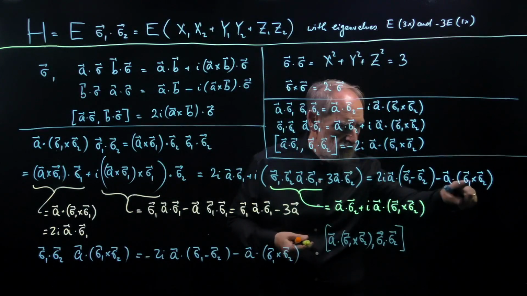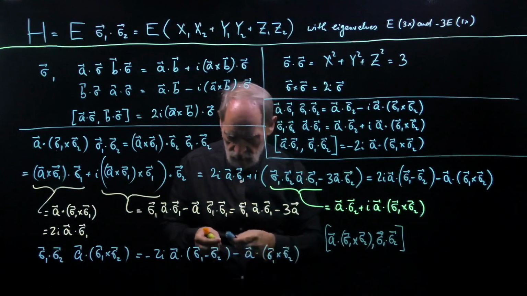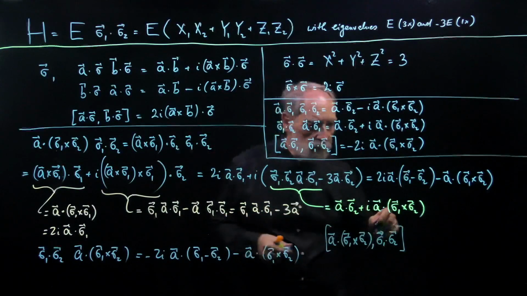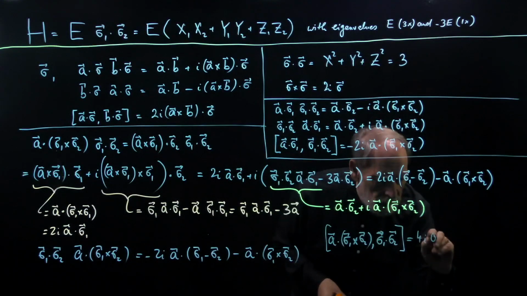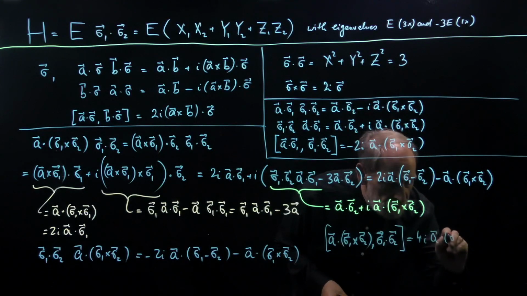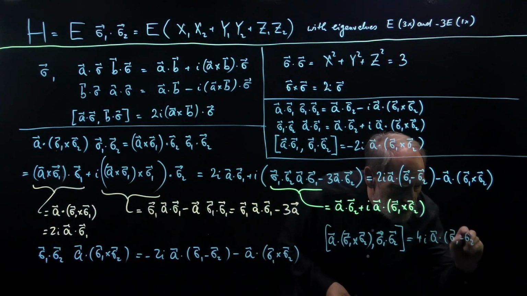And then the A dot sigma 1 plus sigma 2 just cancels, and in the difference I get 4i A dot sigma 1 minus sigma 2.